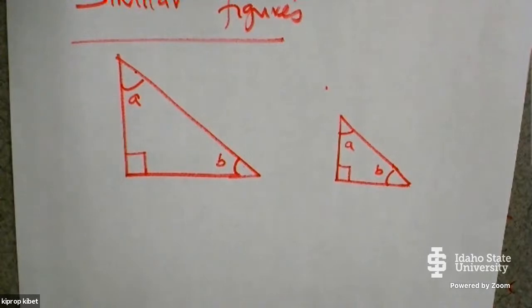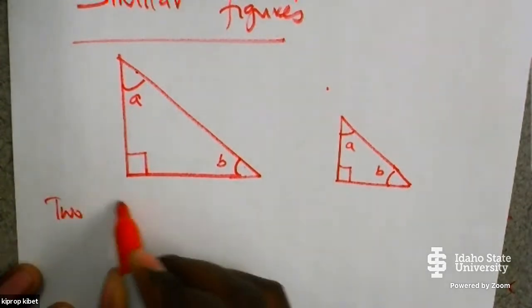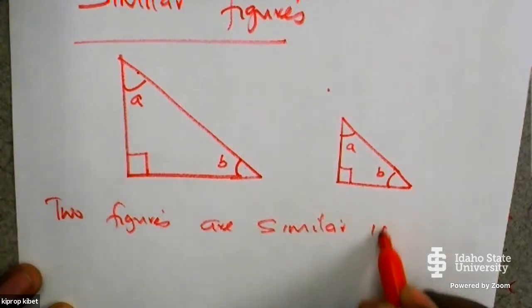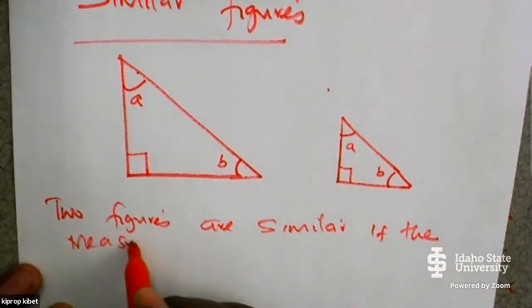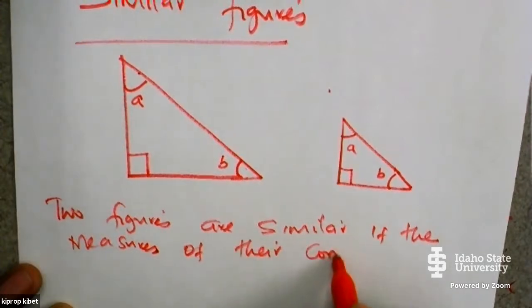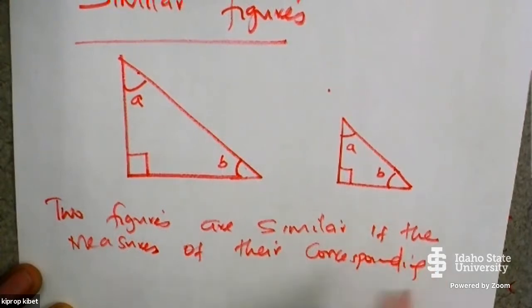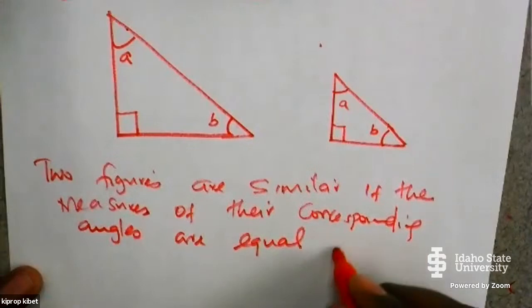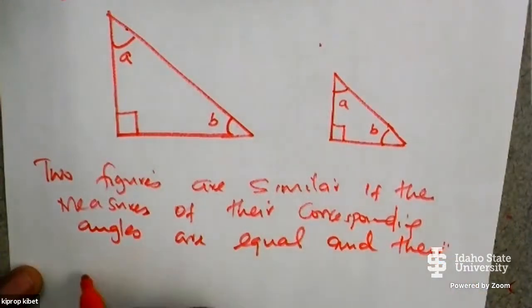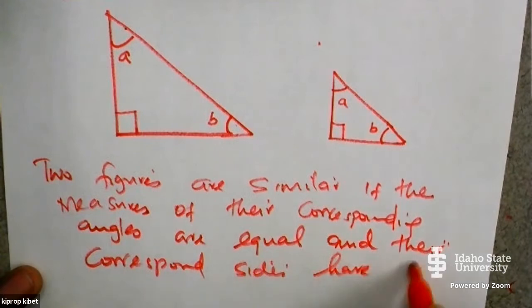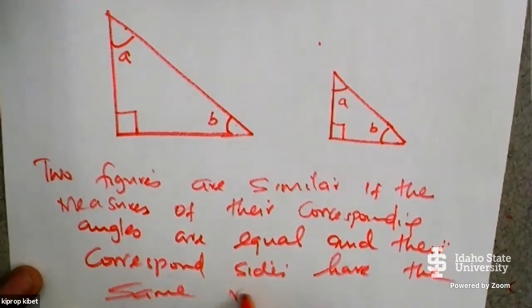Okay, so you can write: two figures are similar if the measures of their corresponding angles are equal, and their corresponding sides have the same ratio.